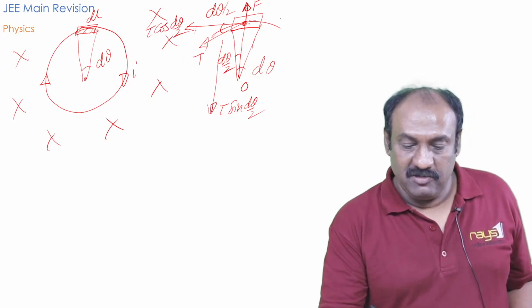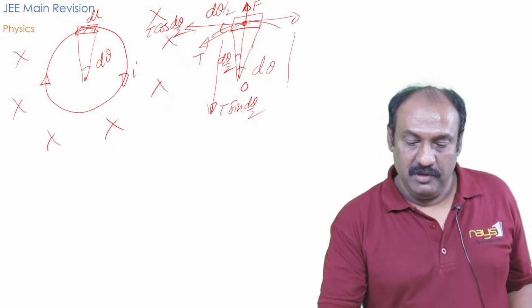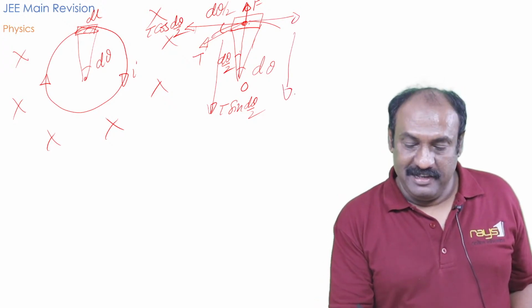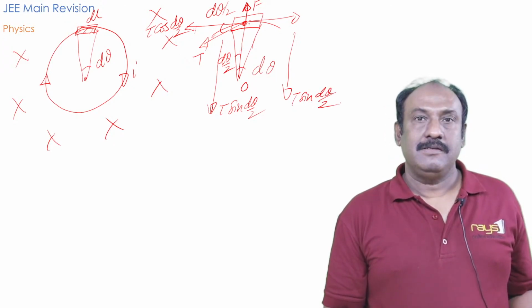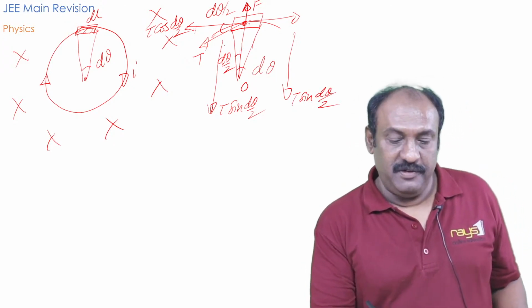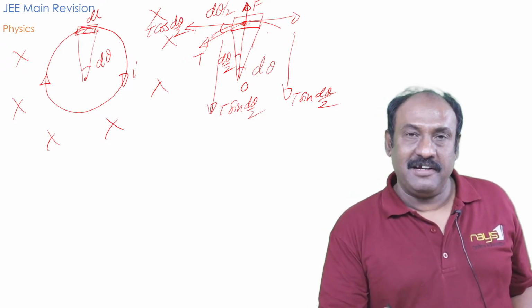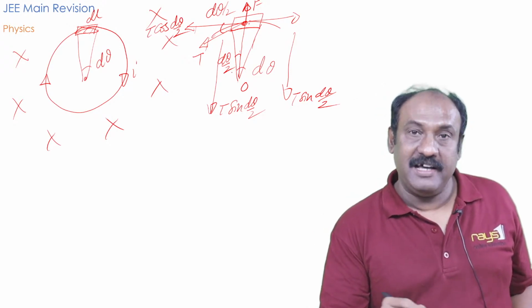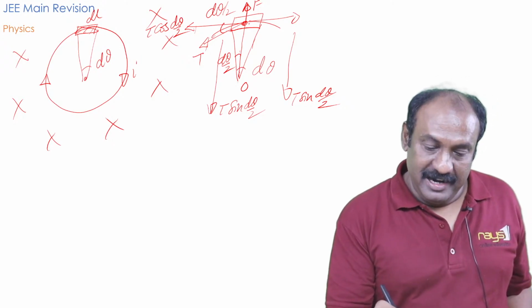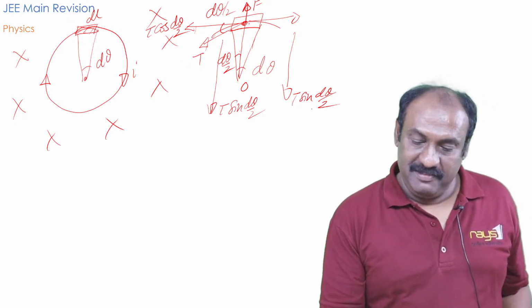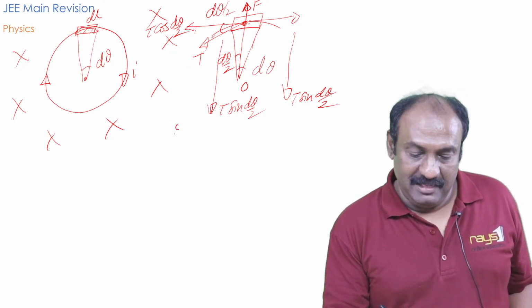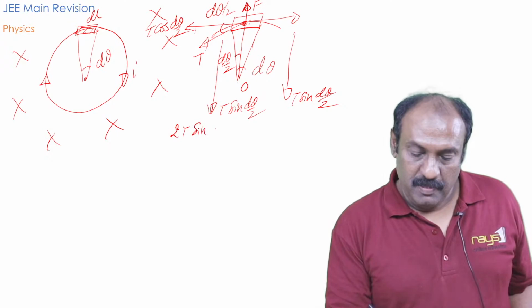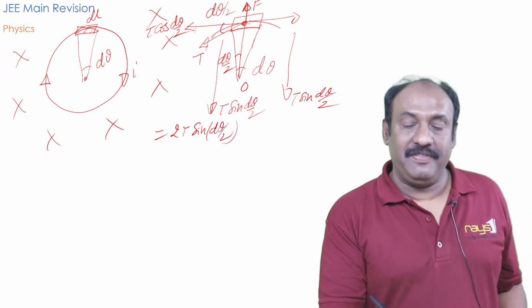On the other side also it will be T cos d theta by 2, and towards the center along the radius it is T sin d theta by 2. So, the net tension component towards the center along the radius of this elemental strip is 2T sin d theta by 2, which is equal to the force on the elementary strip.